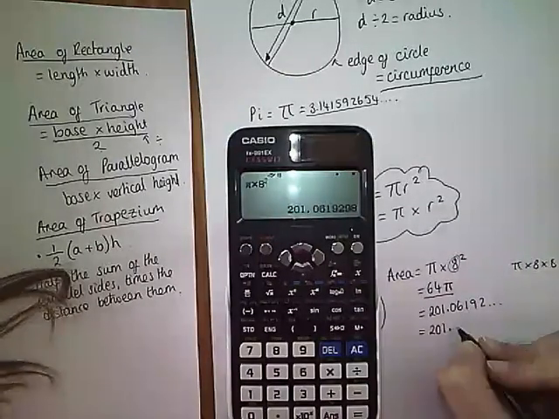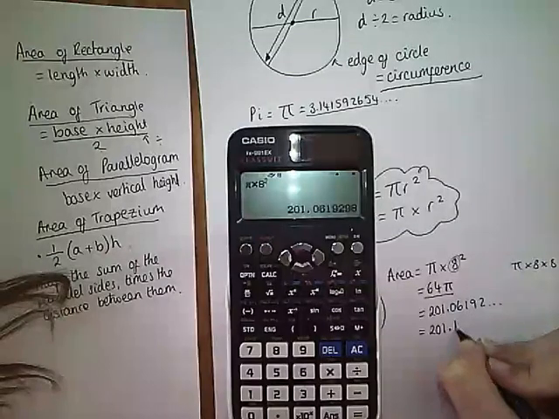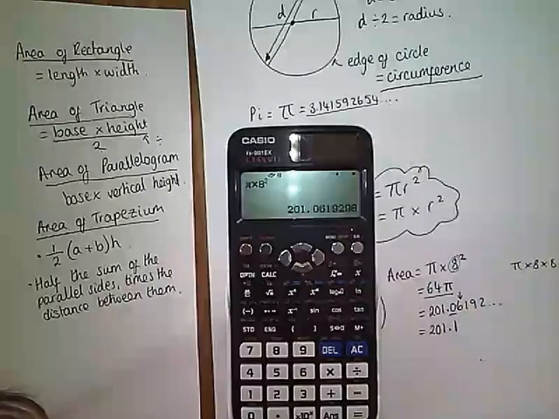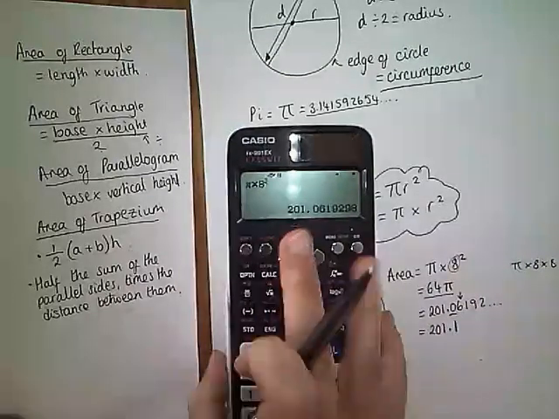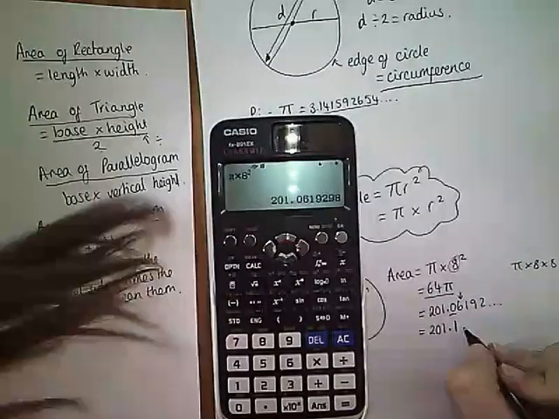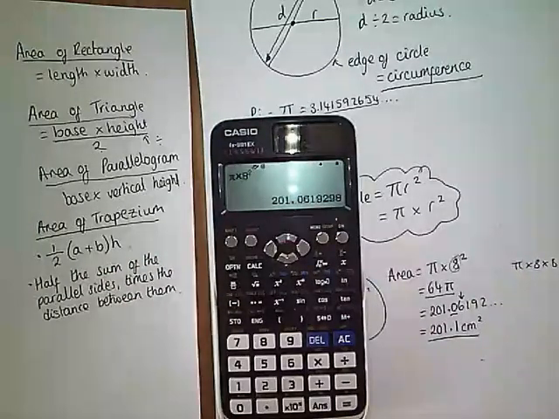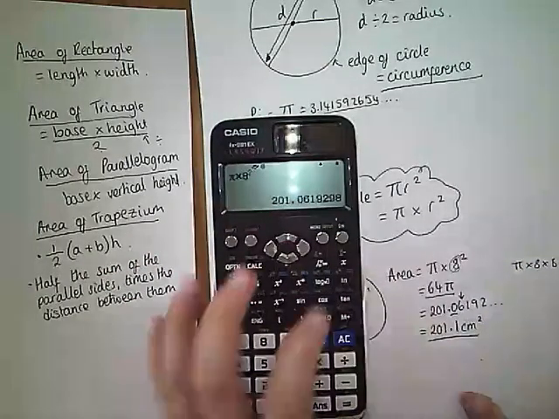I'm going to ask us to round it to 1 decimal place. So it's 201.1 because the number next door is bigger than 5. That rounds up to a 1 and it is measured in centimetres squared. So the area of that circle is 201.1 centimetres squared.